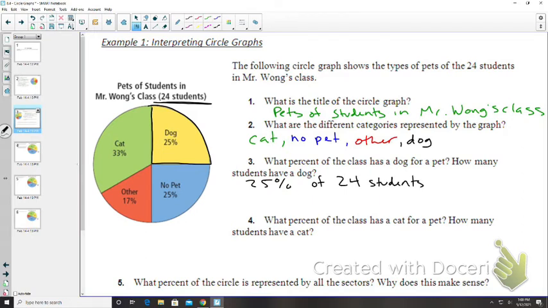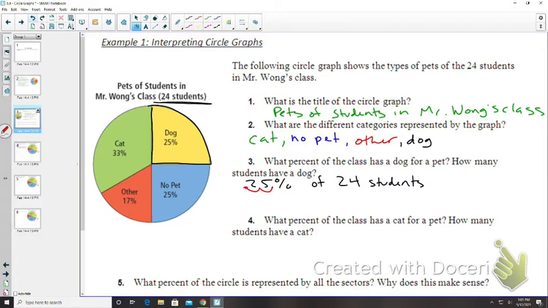have a dog. Okay, so to find the number of students, we need to convert our percentage to a decimal. Okay, so to do that, you can either divide by 100, or you can move the decimal places 2 spots to the left.